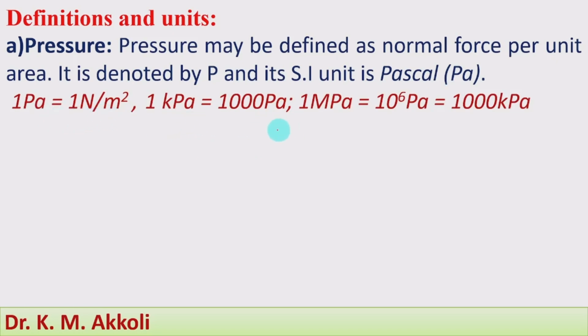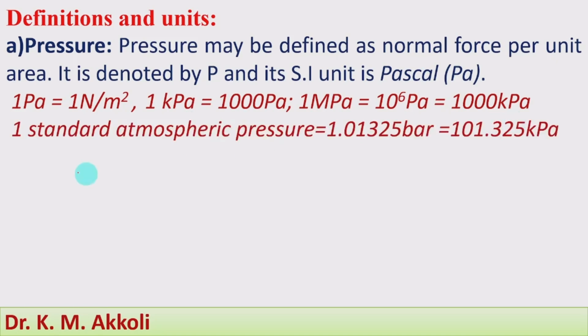1 kilopascal is equal to 1000 Pascal. 1 megapascal is equal to 10 raised to 6 Pascal, that is 1000 kilopascal.